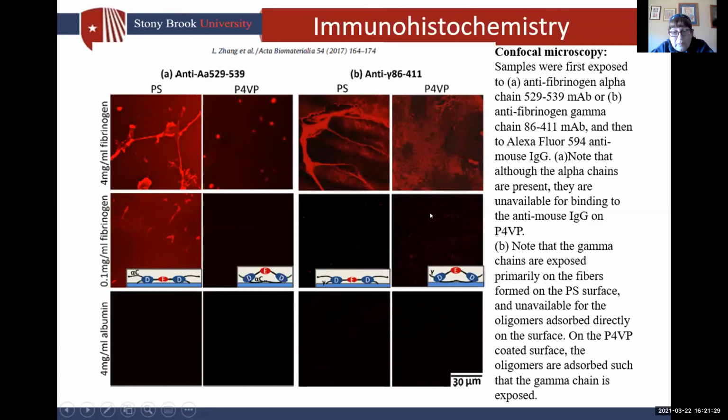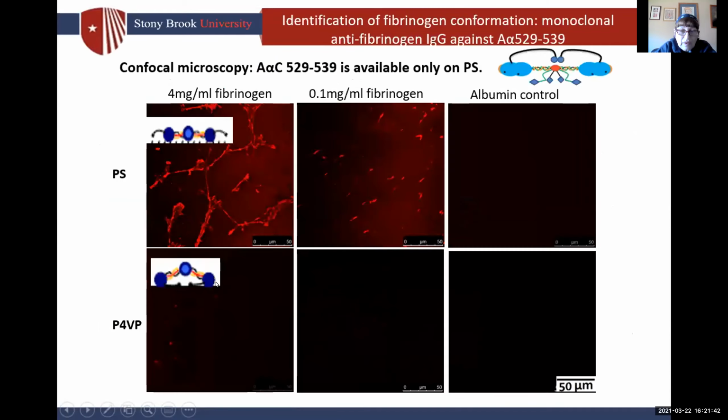On the P4VP, the alpha C domains right here are blocked because of the way the molecule is sitting, but the E domain is exposed, which is what you see up here. So using selective antibodies that we got from Dr. Galanakis, we know exactly how fibrinogen sits when it's exposed to different surfaces.